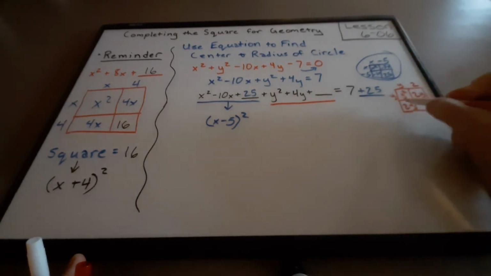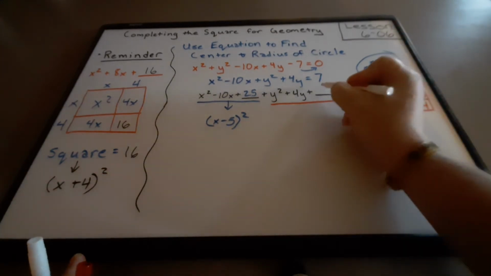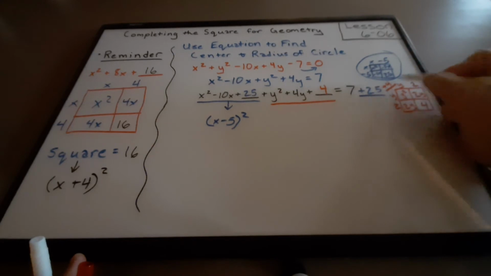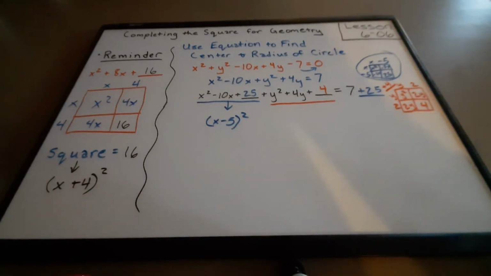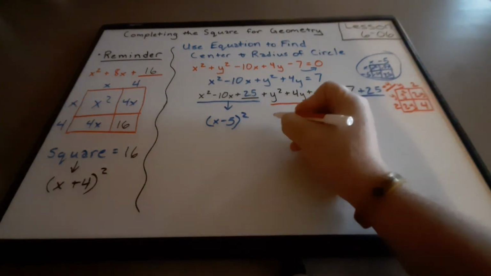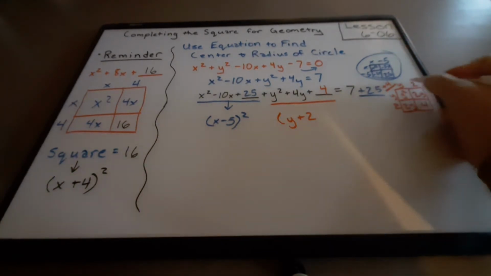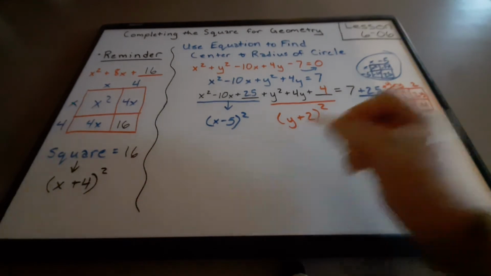So this is going to be a positive 2 and a positive 2. 2 times 2 is 4. So we're going to add 4 here and add 4 on the other side to keep things symmetrical. Again, the important part here is y plus 2 squared.